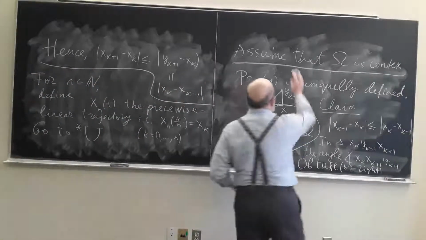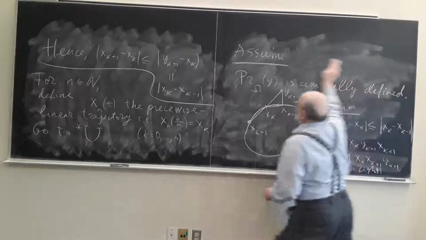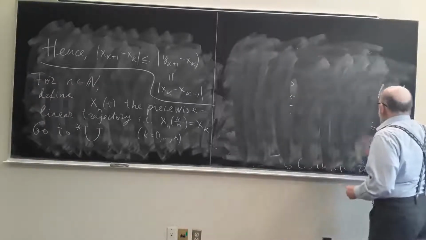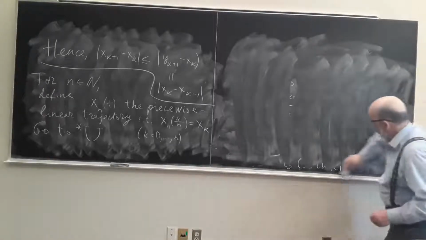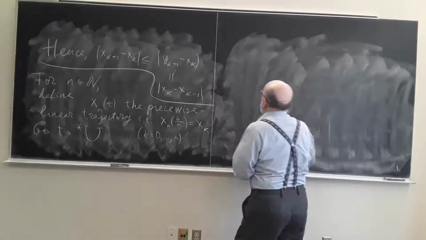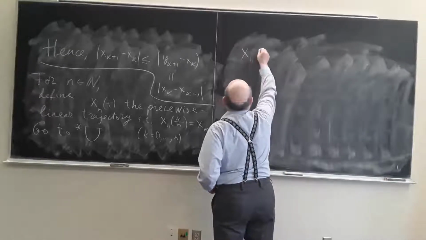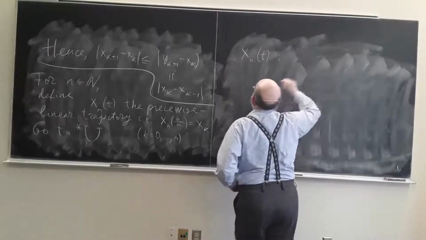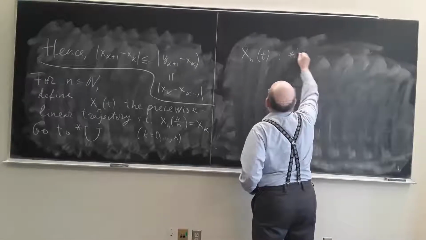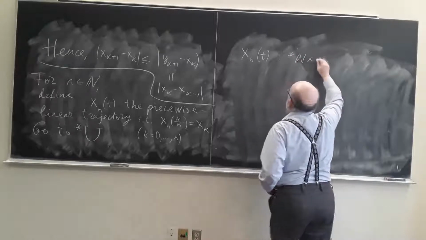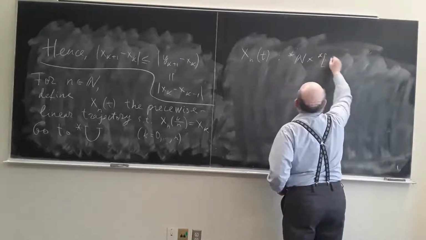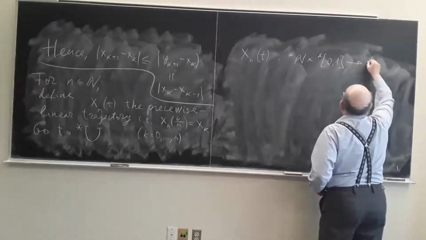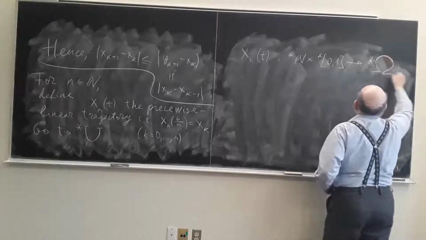And so we have a function xn of t. It is from star N times star [0, 1] to star omega.